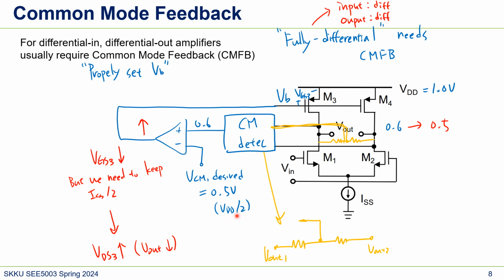Maybe we can just use something simple like VDD. This can also be VCM desired, right? Let's say there's R and R, the same R, then VCM desired will be VDD over 2. So that's common mode feedback. We try to control this Vout DC voltage.